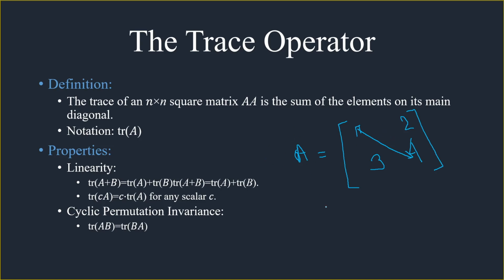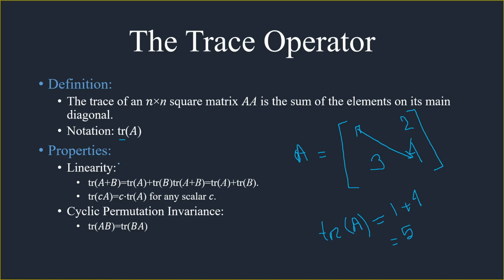So what will the trace of A be? Here I have 1 and 4, so it will give us 1 plus 4 equals 5, and the notation is tr, with A in the braces.